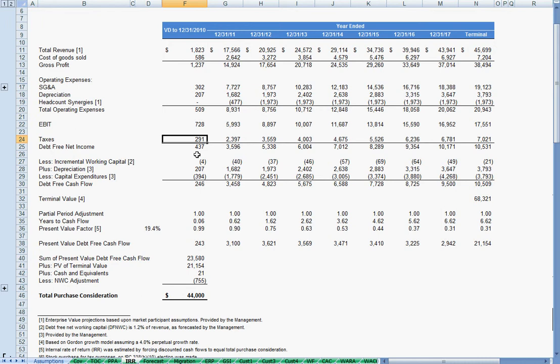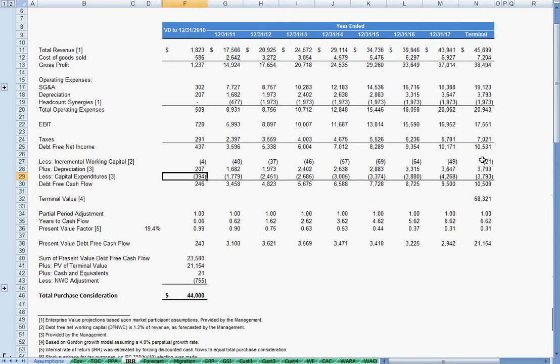The incremental working capital could be calculated based on the percent of revenue that the company typically keeps in the cash-free net working capital. Depreciation and capital expenditures, those two line items, could also be forecasted based on the information provided by the client, or based on comparable companies and their financial metrics.